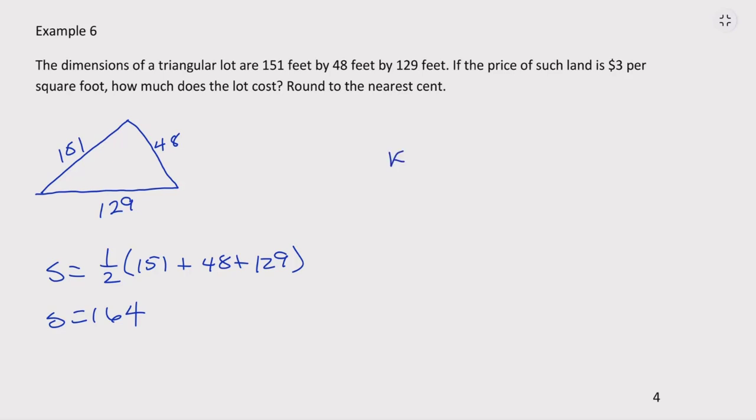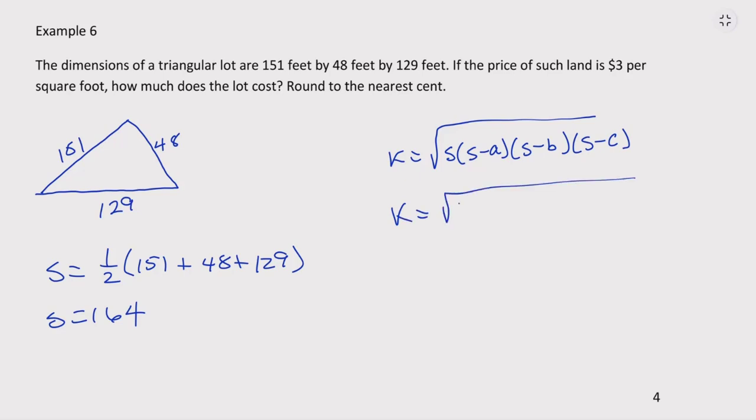So the area is the square root of, to remind you of that formula, S times S minus A times S minus B times S minus C. So for us, that would be the square root of 164 times 164 minus 151 times 164 minus 48 times 164 minus 129.